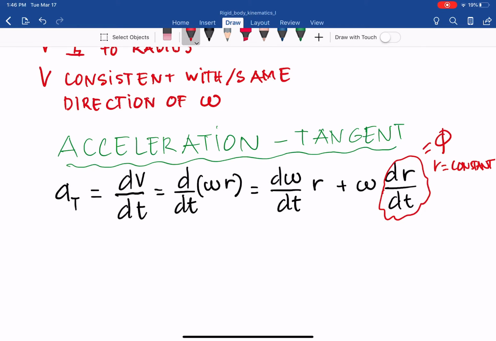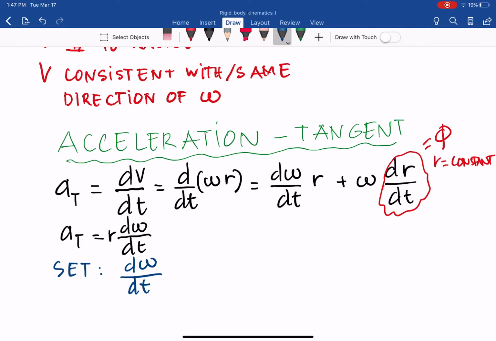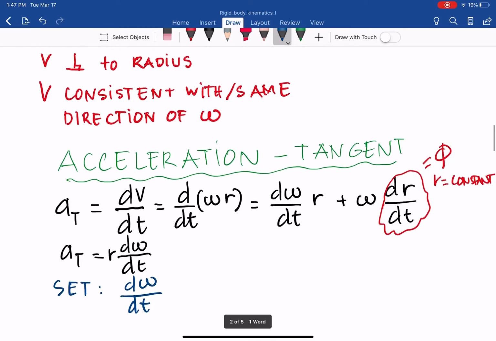So from that, we can rewrite the tangential component of acceleration as equal to d omega over dt times r. And as you can see, what is omega?